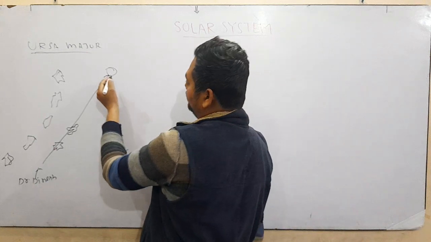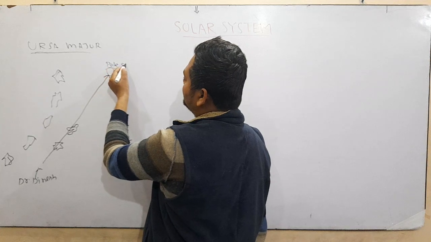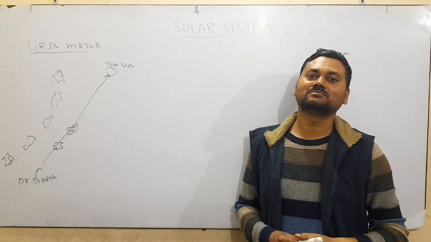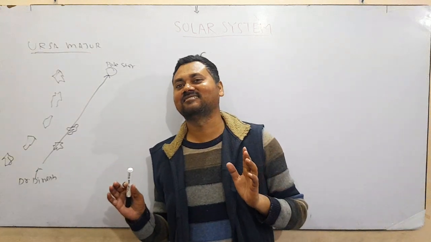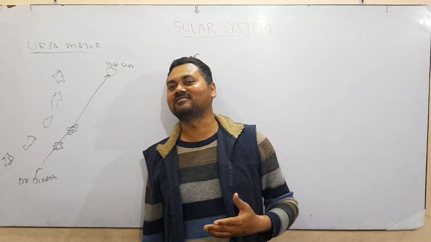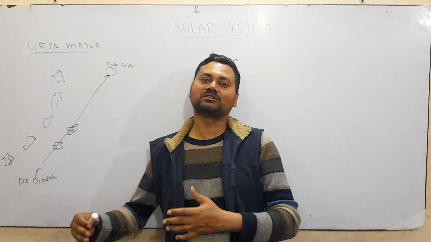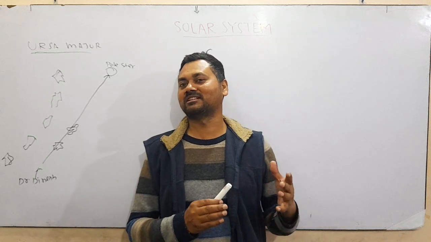The direction of this pole star never changes. Nobody can change its direction. There is also a story behind it. The king Uttanapada had two queens, one poor and the other very rich.